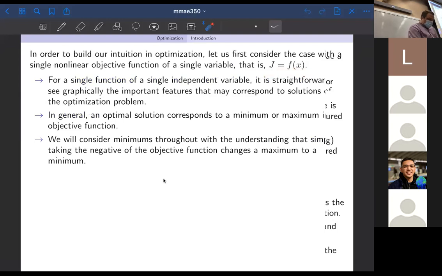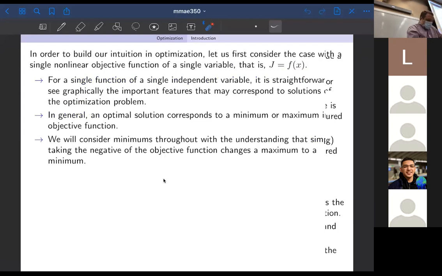The nice thing about doing one-dimensional problems is we can look at them graphically. I can plot my f of x, my j. I can see where the minimums and maximums are. I know roughly where they are, so I can do searches numerically for those minimums and maximums without much difficulty.